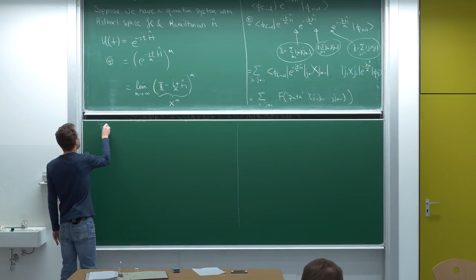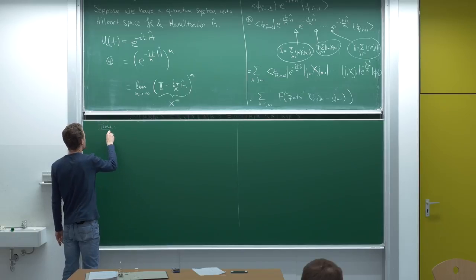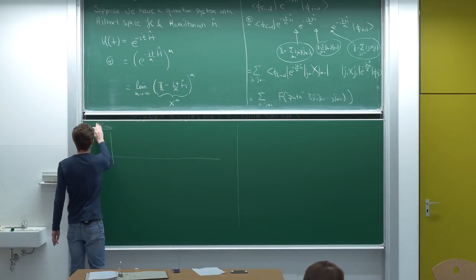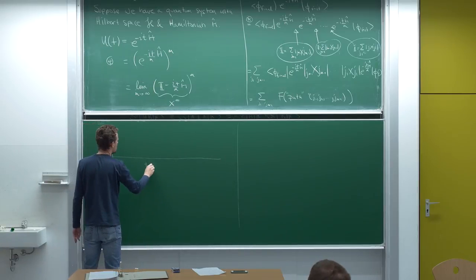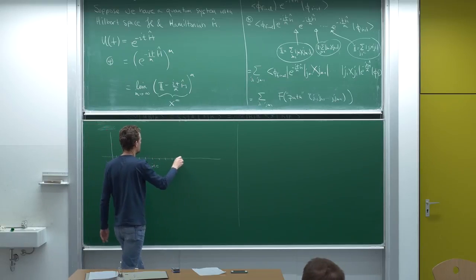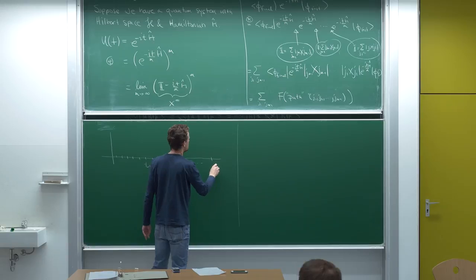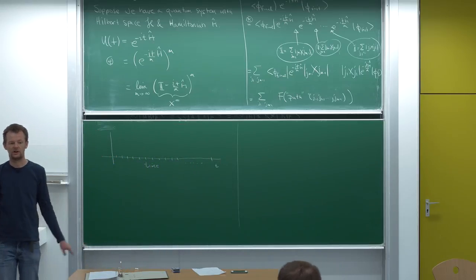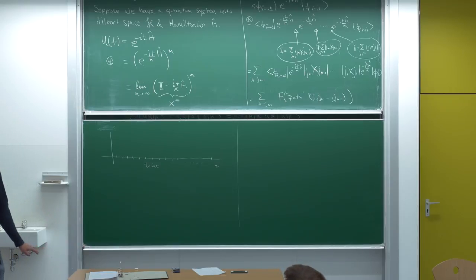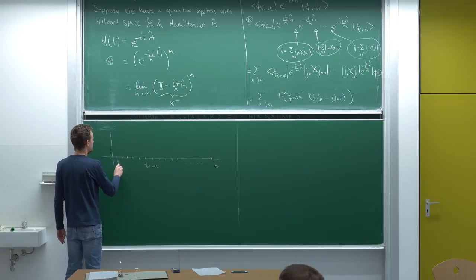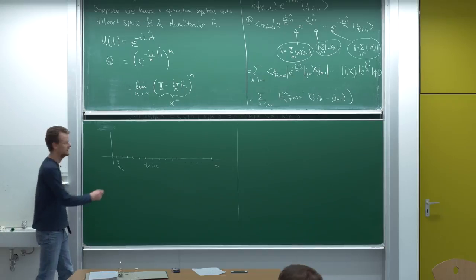So the picture I want you to keep in mind is this one here. On the x-axis, I want to draw a picture with time running from 0 to t. So this is in particular the time t over m, this point here, and that's 0.